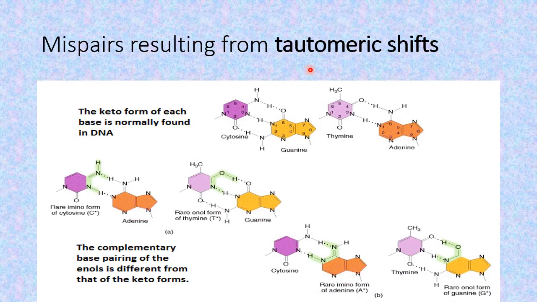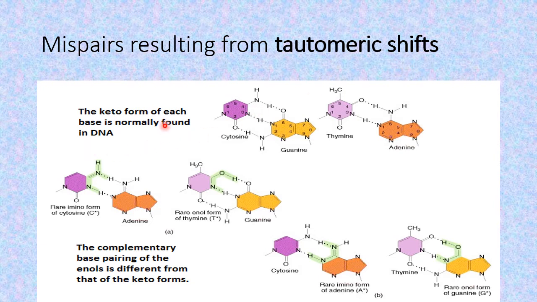So how does this occur? Now we know that all these nitrogen bases, that is the adenine, thymine, guanine and cytosine, may occur in nature in both the tautomeric forms, in the keto form as well as in the enol forms.